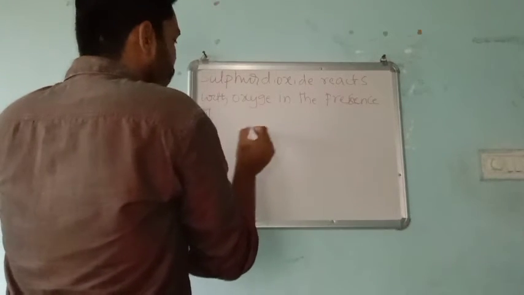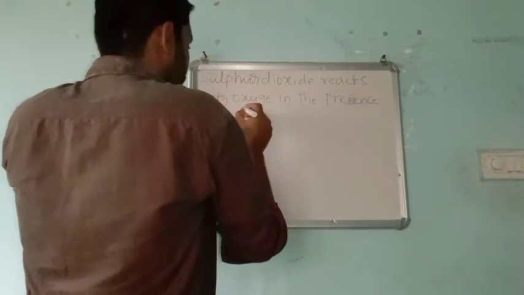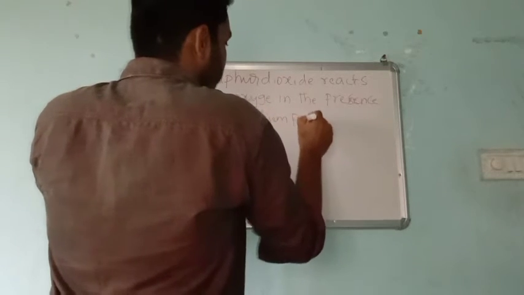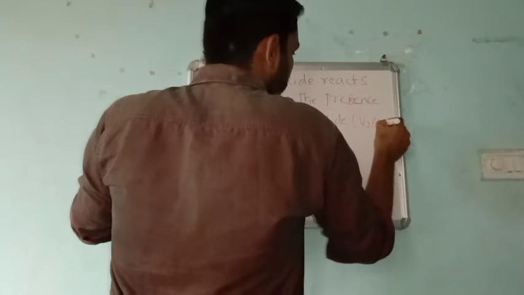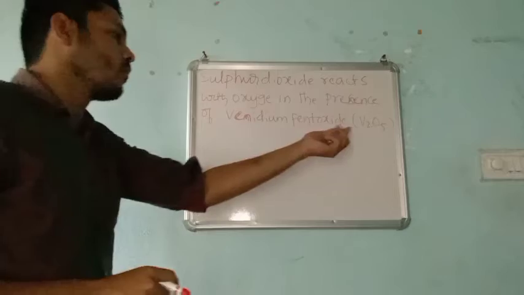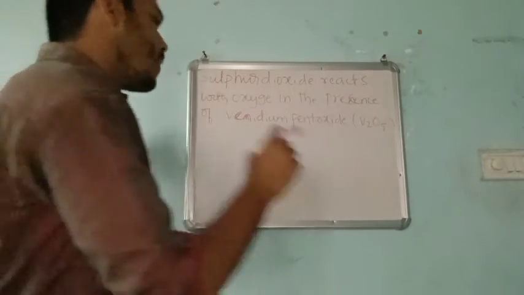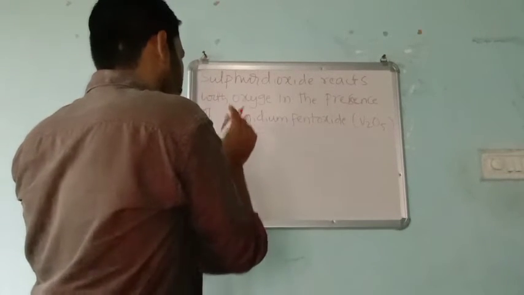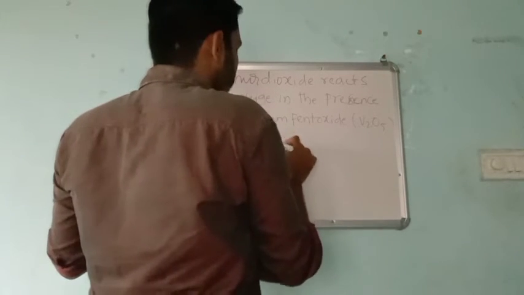Catalyst. In the presence of vanadium pentoxide. That means V2O5. Directly we can call it vanadium, pent means 5, oxide means oxygen, vanadium pentoxide to form or to give sulfur trioxide.